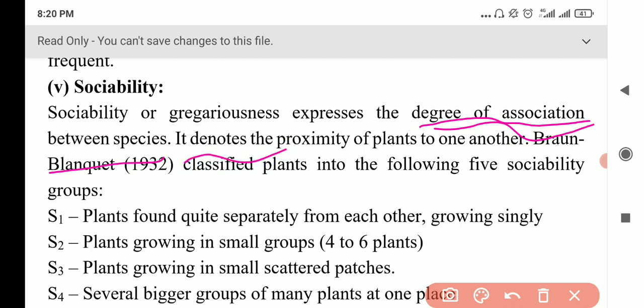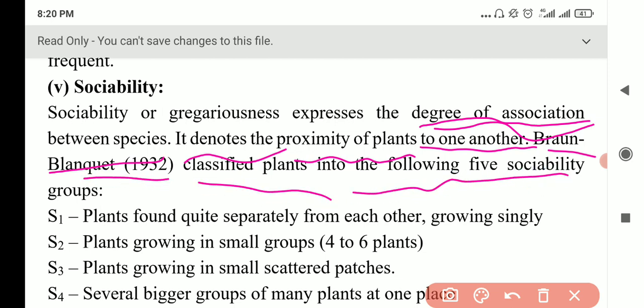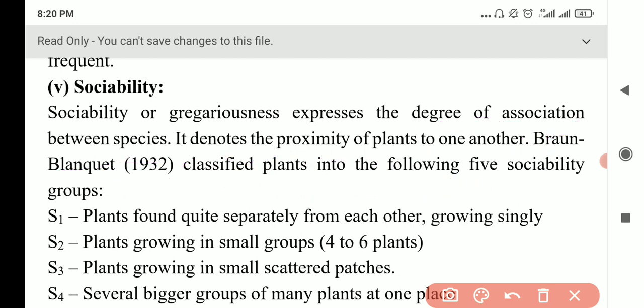It denotes the proximity of plants to one another. Braun Blanquet classified the plants into the following 5 sociability groups. So how close are they? The degree of association was classified by Braun Blanquet in 1932.